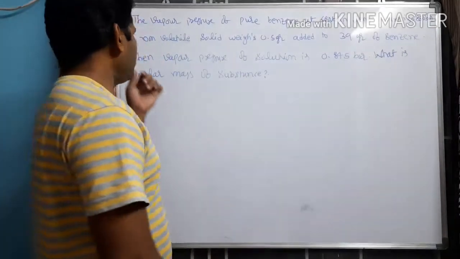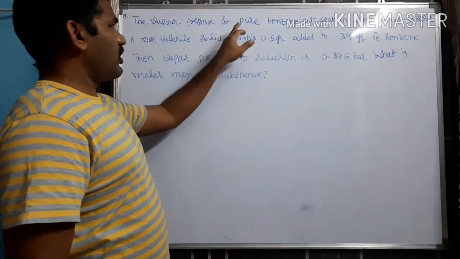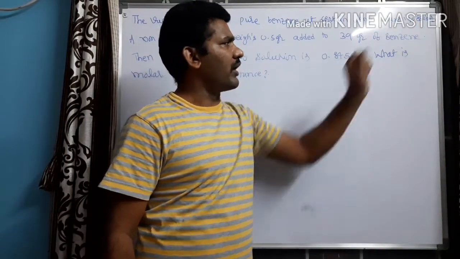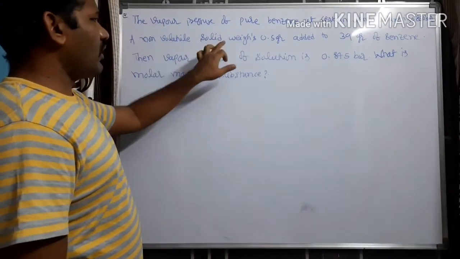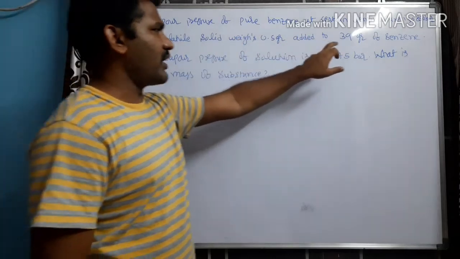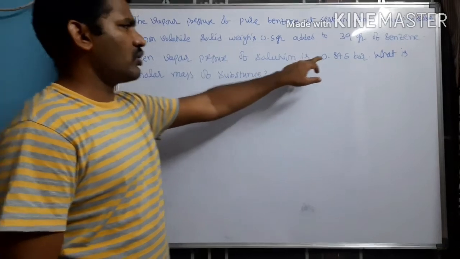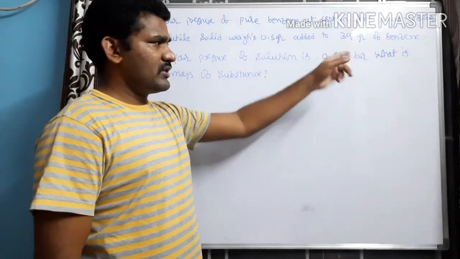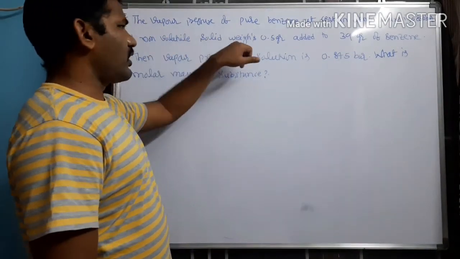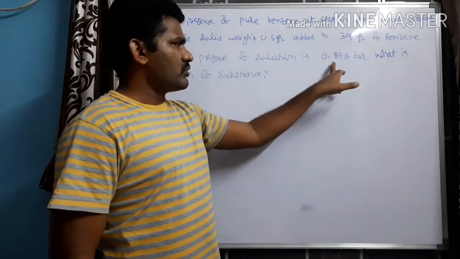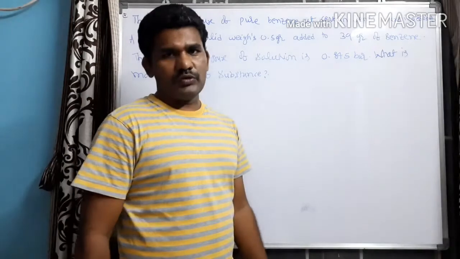Now see this problem. The vapor pressure of pure benzene at a certain temperature is 0.850 bar. A non-volatile solid weighing 0.5 grams is added to 39 grams of benzene. Then the vapor pressure of the solution is 0.845 bar. See what happened? When a non-volatile solid is added, the vapor pressure decreases from 0.85 to 0.845. So what is he asking?